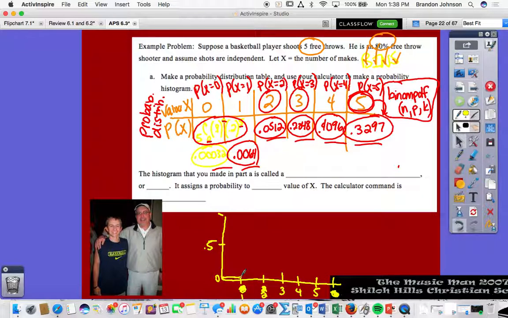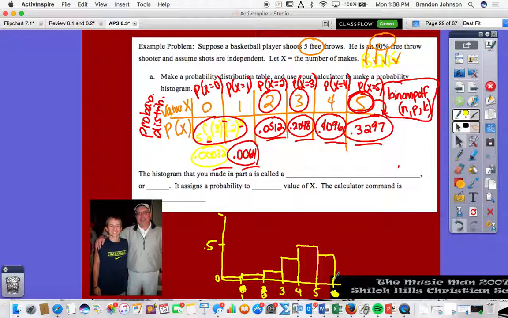So we know this quantitative histogram here. 1 to 2 would be 0.0064, so that's just a little bit above. 2 to 3, from our 2 here, would be 0.0512, so just slightly above. 3 to 4 would be 0.2848, so we're going to say 0.28 would be right here. 4 to 5 would be 0.4096, so that's going to be above that here. And 5 would be 0.32, so it should be about right here.